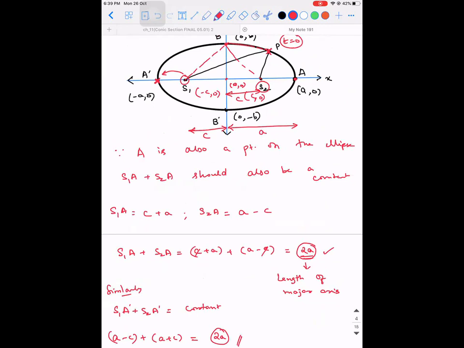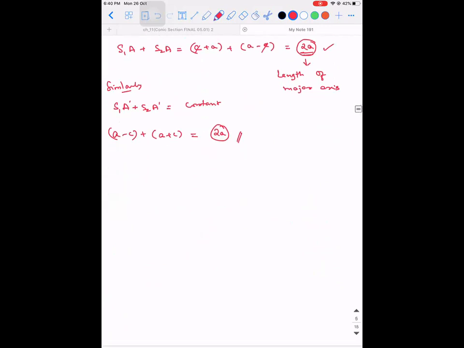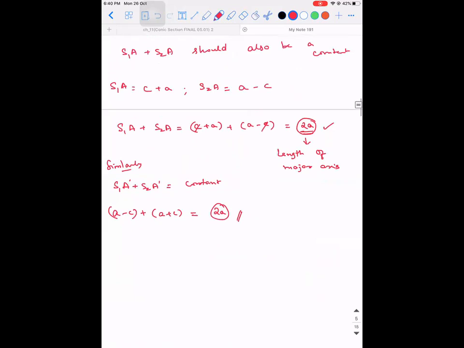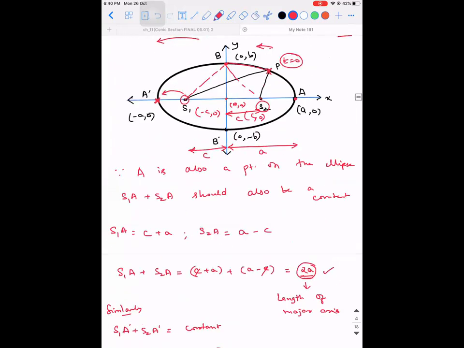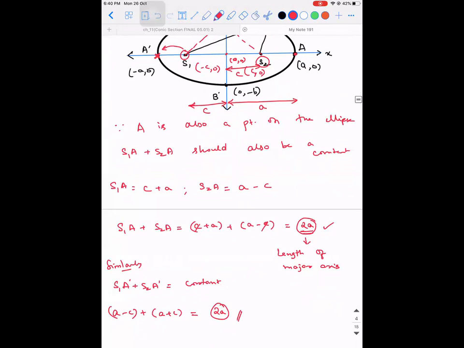Once we find out the value of C in terms of A and B, then we will try S1B and S2B also. Shall I proceed as of now? Shall I proceed, guys? Tell me yes or no. Yes, sir.